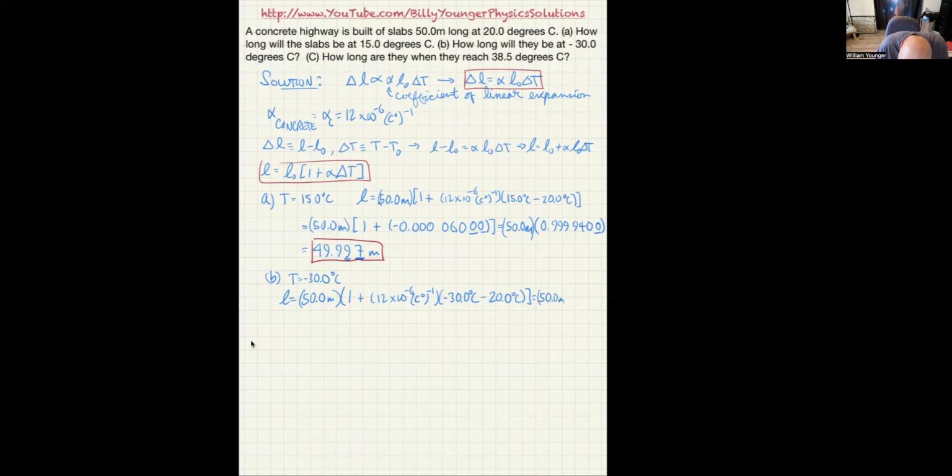50.0 meters times, now do 12 times 10 to the negative 6 times parentheses negative 30 minus 20. Now that should give us 3 sig figs when we do the subtraction, because it's negative 30.0 minus 20.0, which is negative 50.0 times 12 times 10 to the negative 6.